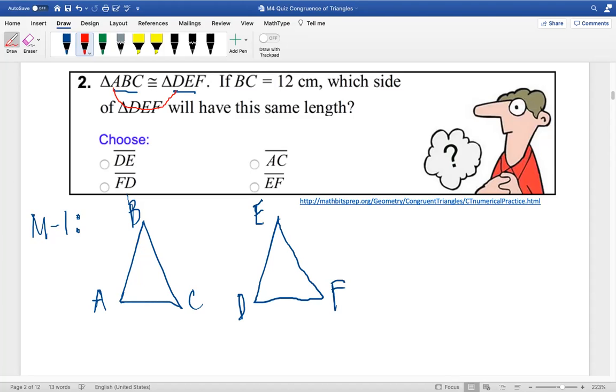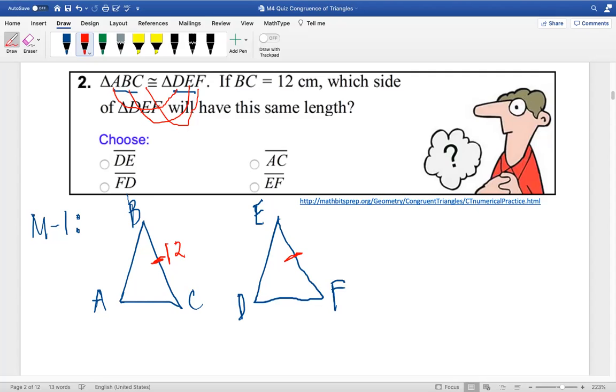A corresponds to D, B corresponds to E, and C corresponds to F. Here it says that BC is equal to 12, and the corresponding part of BC is EF.